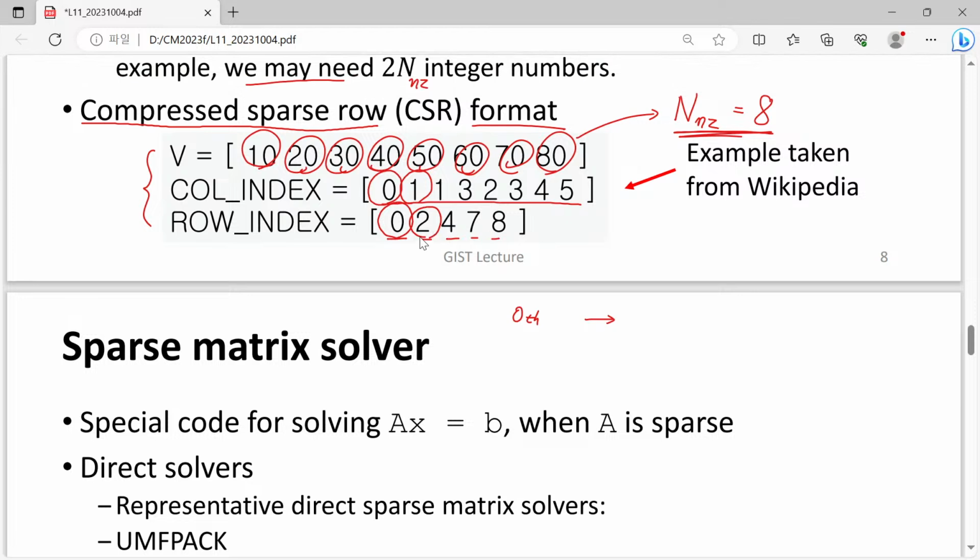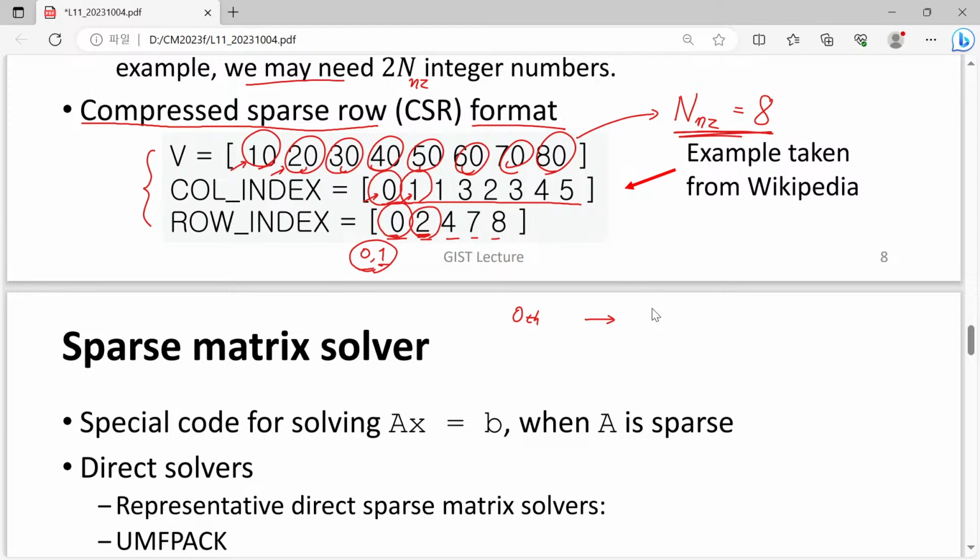So between 0 and 2, we have column indices 0 and 1. Are you with me? Starting from 0, and before reaching the next number 2, we have 0 and 1, and these are assigned to the first row.